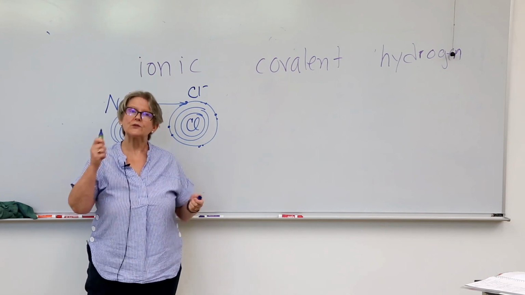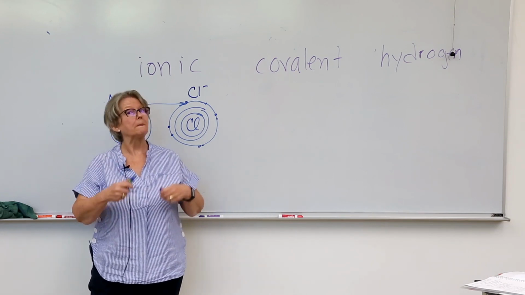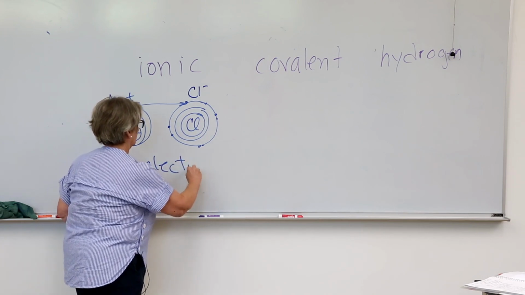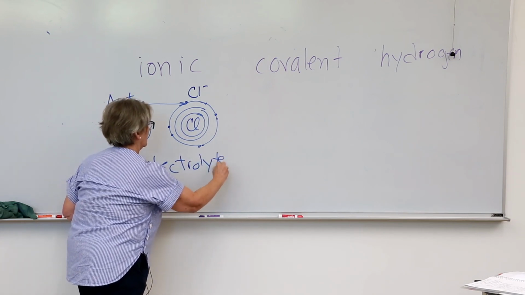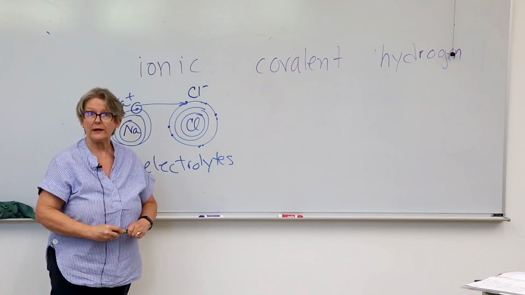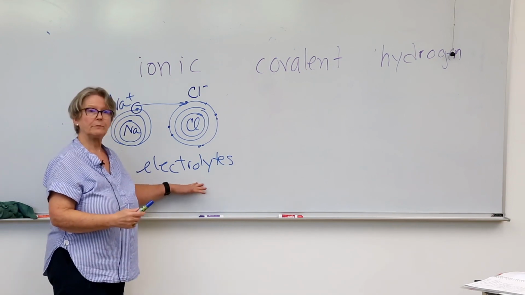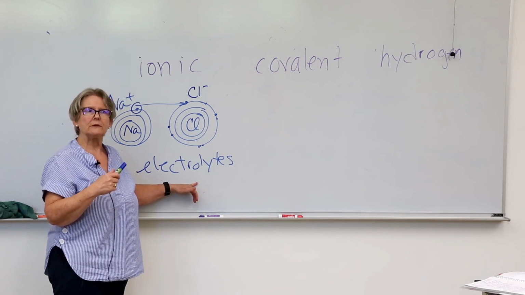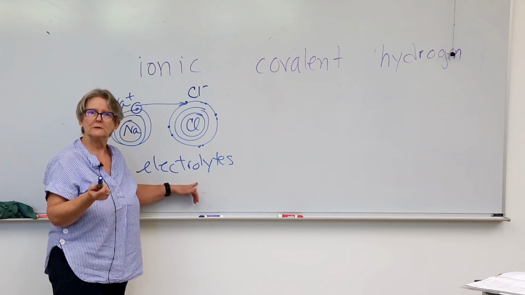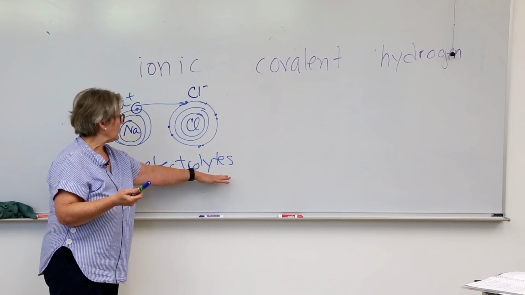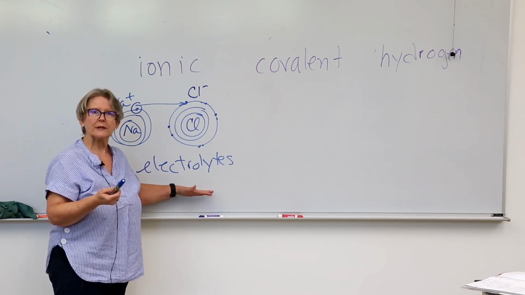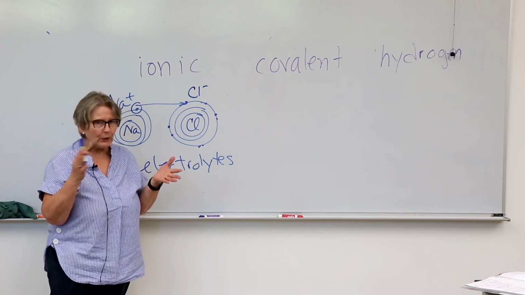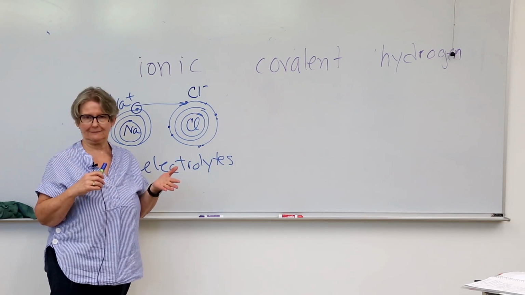And we call substances that can dissolve in water and conduct electricity electrolytes. And we spend millions of dollars on electrolytes. They have almost their own aisle in the grocery store. So if you think about it, these are required. These are necessary.